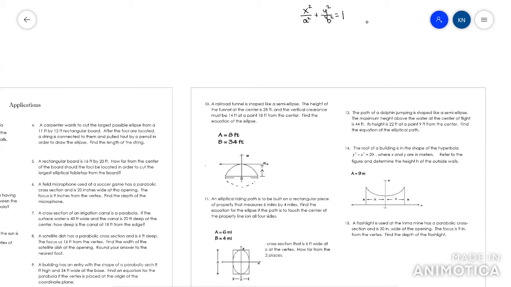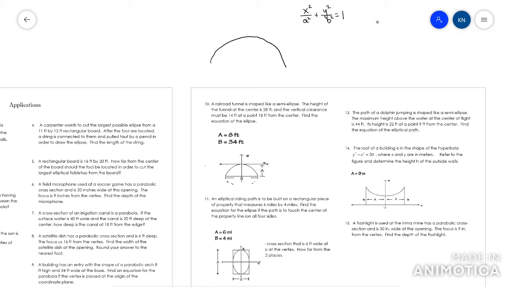Now, I need to go find A and B in order to do this. Well, they tell me that A is 8 feet. So this right here. Okay, I paused it for a second and I was thinking about this. No, I wouldn't approach it that way. What I would do is I'd realize that there's this arch, right?